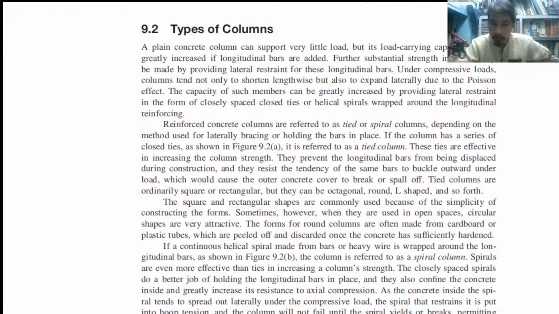So again, there are types of column according to height. That is pedestal, short, and long. So there are three. But there are two types with respect to the configuration of the reinforcement and the steel. Okay? So we have what we call tied column or spiral column.